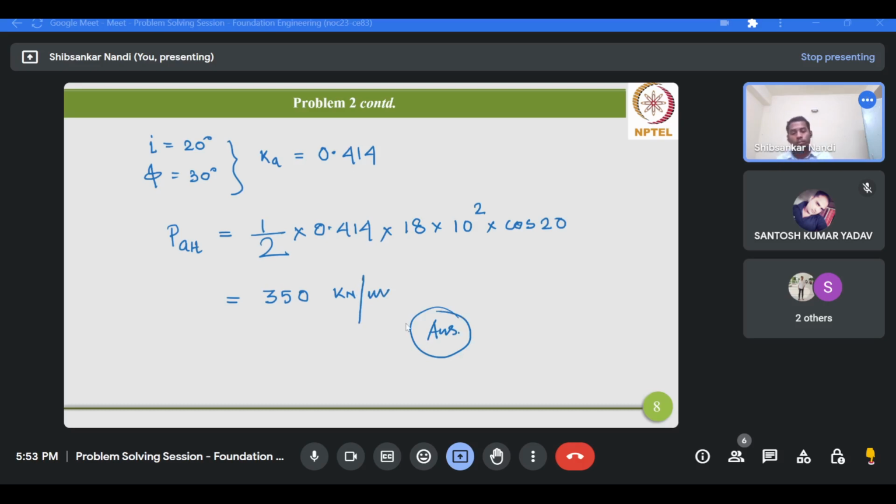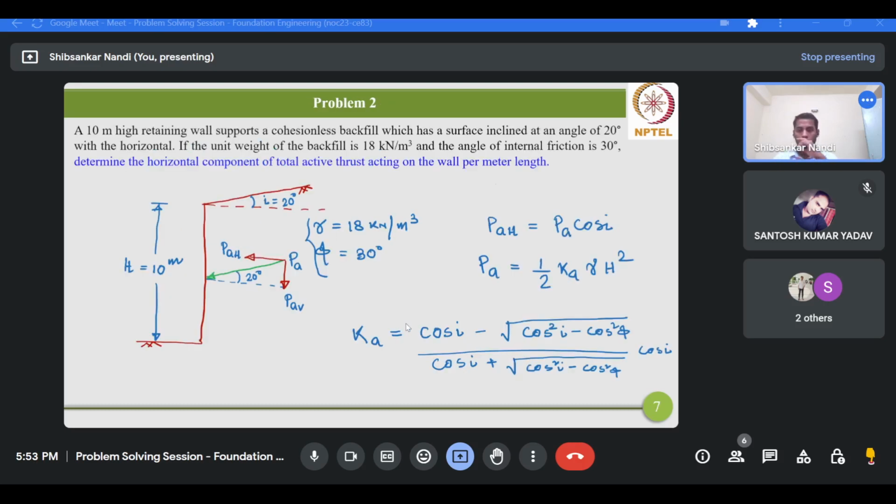Is it okay? If you want to calculate the vertical component as well, you just have to take the sine component. So PA sin I will give you the PAV. However, that is not required for this problem.